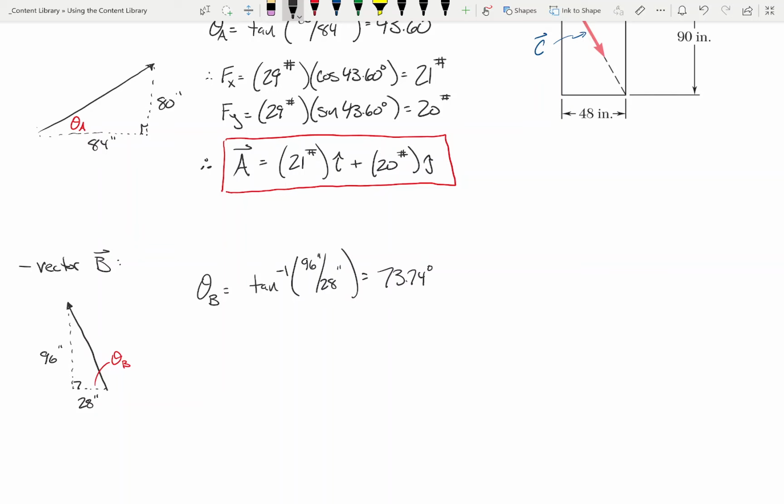All right, so if I want my components, that's going to be, what was that? That was 50 pounds. I'm getting ahead of myself. All right, so what do we get for each of these?